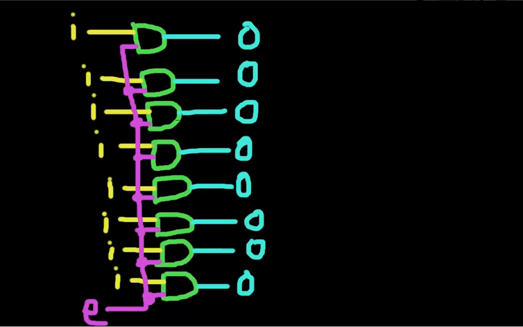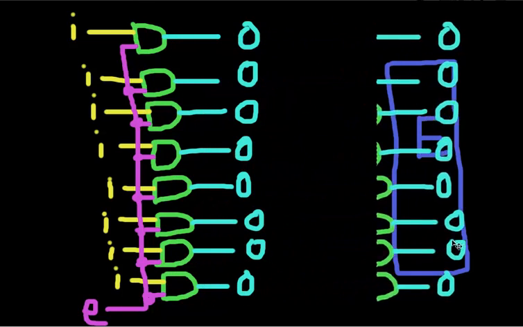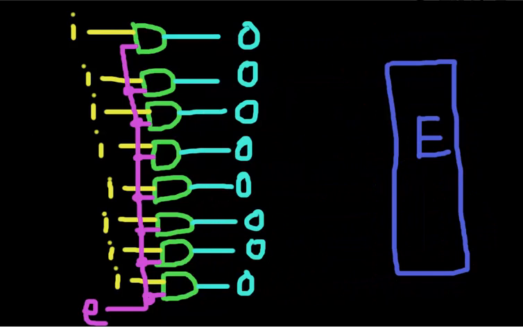And now I'll be drawing a simplified version of this whole diagram. E for enabler, and maybe I'll copy all of this, all of the O's, maybe. No, let me just draw it again.